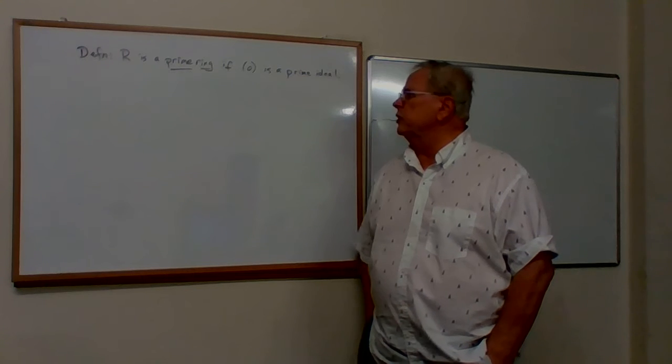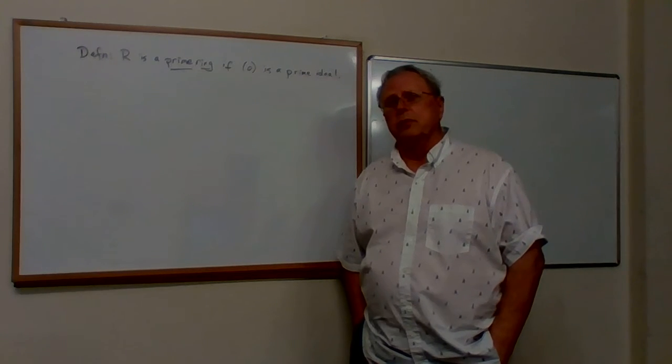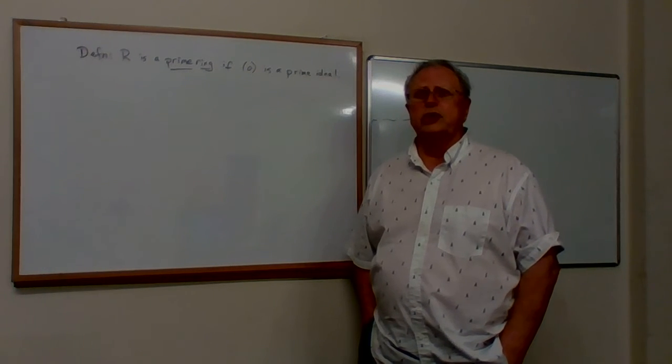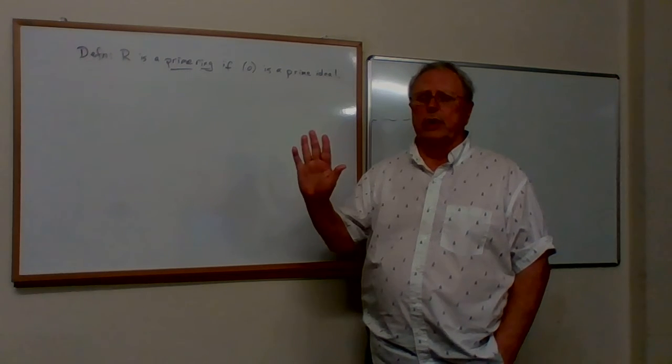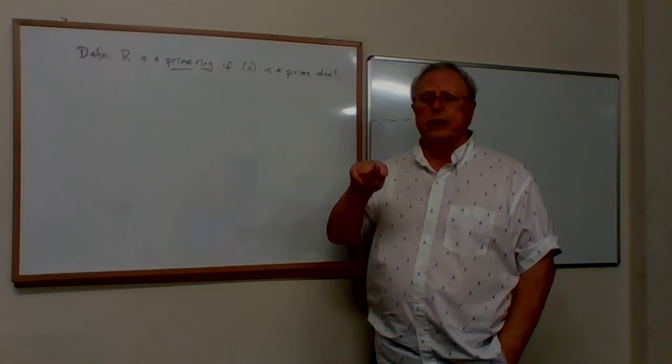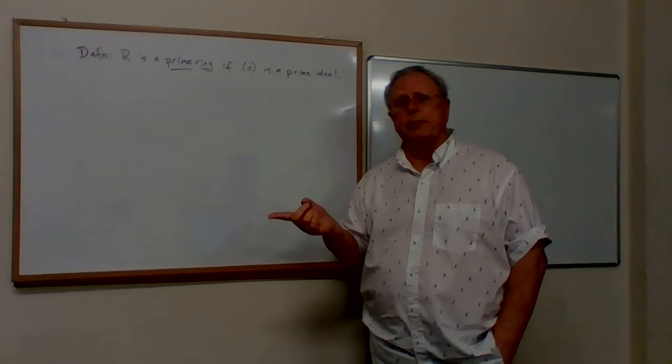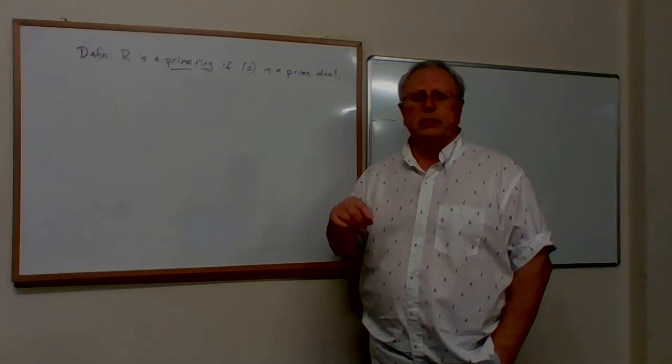Now, obvious example of this would be the set of integers. You remember that in a commutative ring, the definition of prime ideal reduces to: P is a prime ideal if whenever the product of two elements is in that prime ideal, then one or the other element is in that ideal.